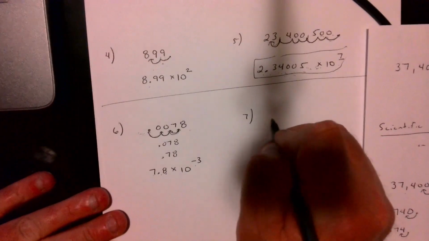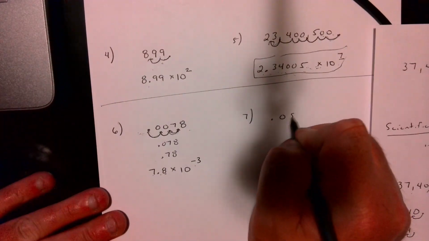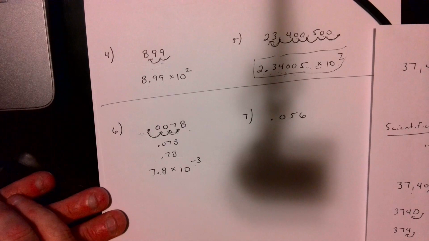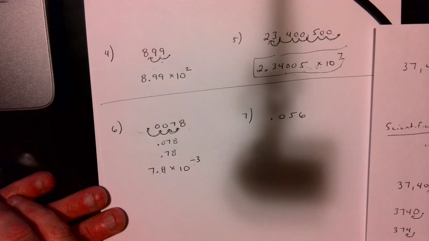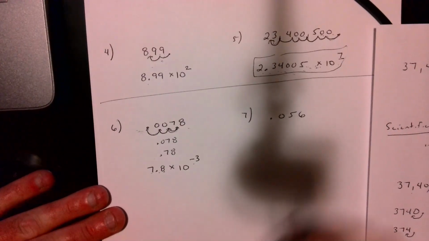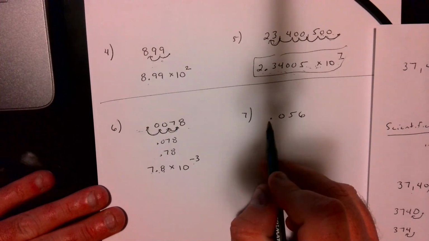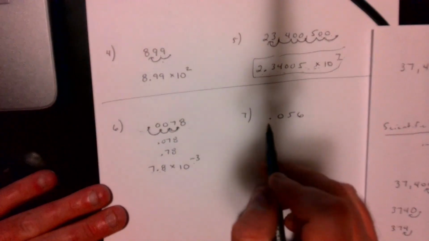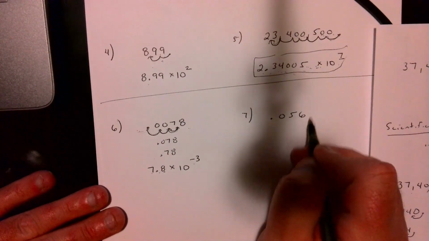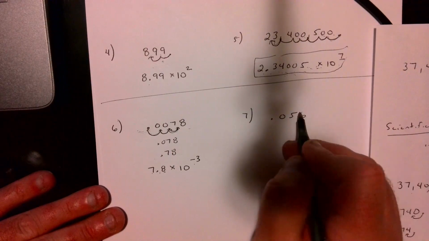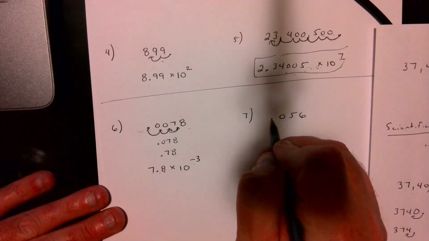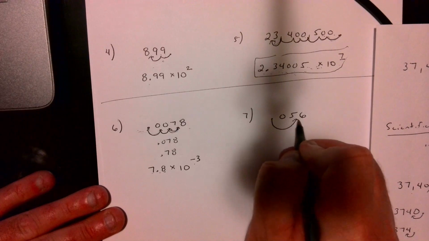So if we had 0.056, and we want to write this back in scientific notation, well, same thing. He's too small. Decimal's clear over here. I don't have a whole number. So we got to move the decimal this way to make it between 1 and 10. So I got to move the decimal from here clear to there.